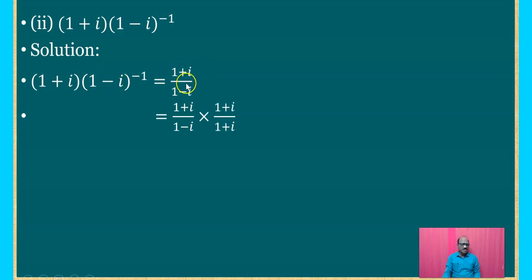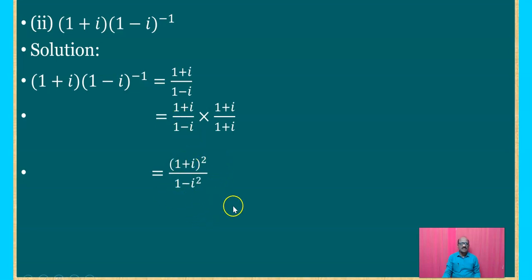Therefore, it is 1 plus i upon 1 minus i. Now multiply by the conjugate of the denominator, which is 1 plus i. Their multiplication gives (1 plus i) squared, and the denominator, multiplied with its conjugate, is a squared plus b squared, that is 1 squared plus 1 squared.